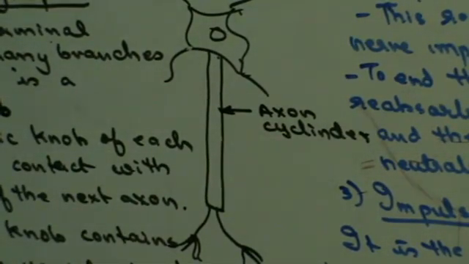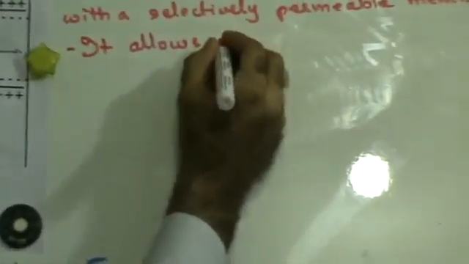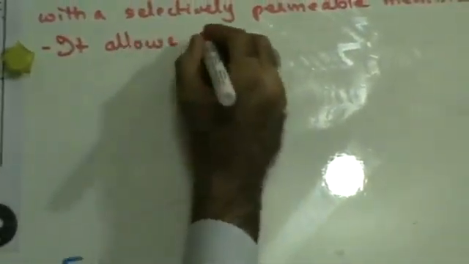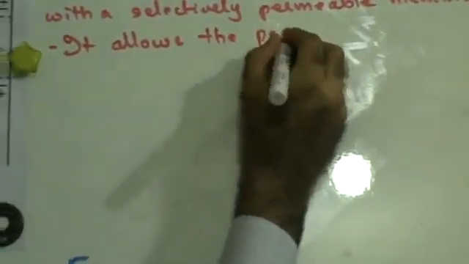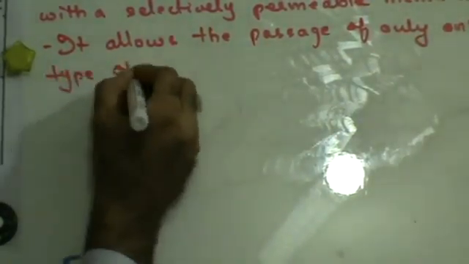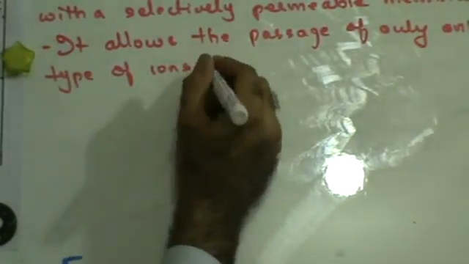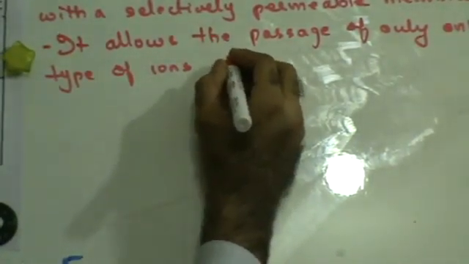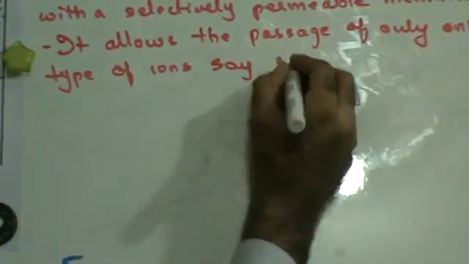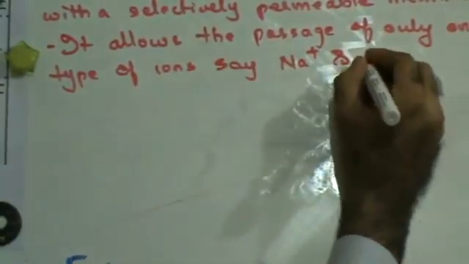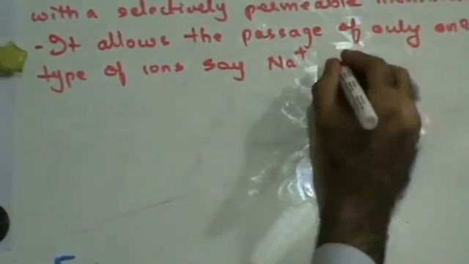Now let's see which are the two ions responsible for this. It allows the passage of only one type of ion at a time, say, sodium ions or potassium ions, right?